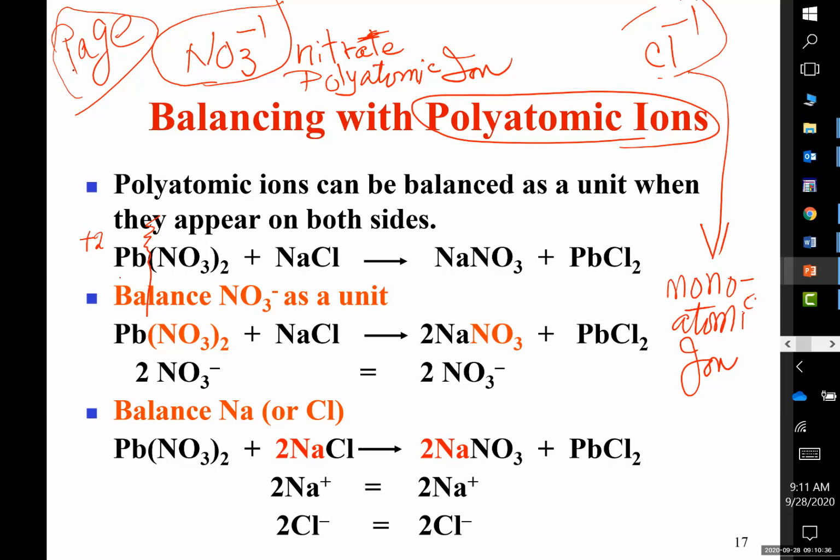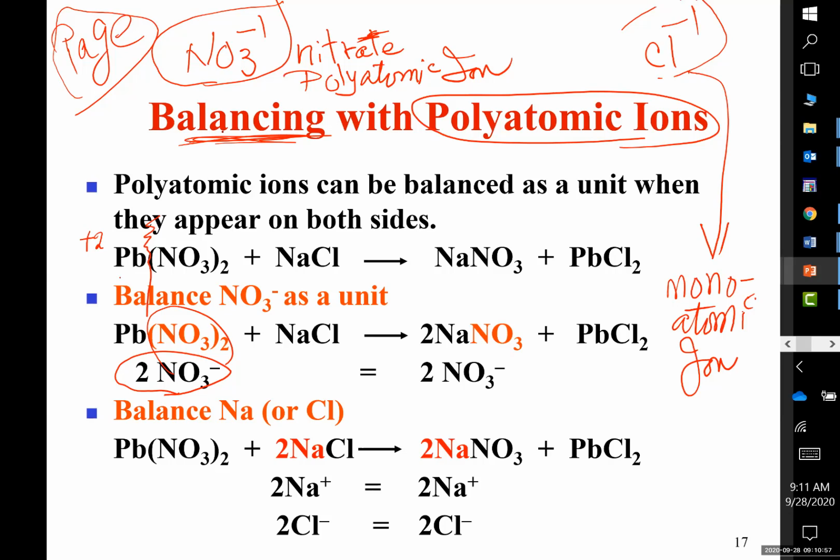So guys, if you have a chemical reaction which contains a polyatomic ion like nitrate, if you want to balance a chemical reaction which contains polyatomic ions, look at them as a whole unit.